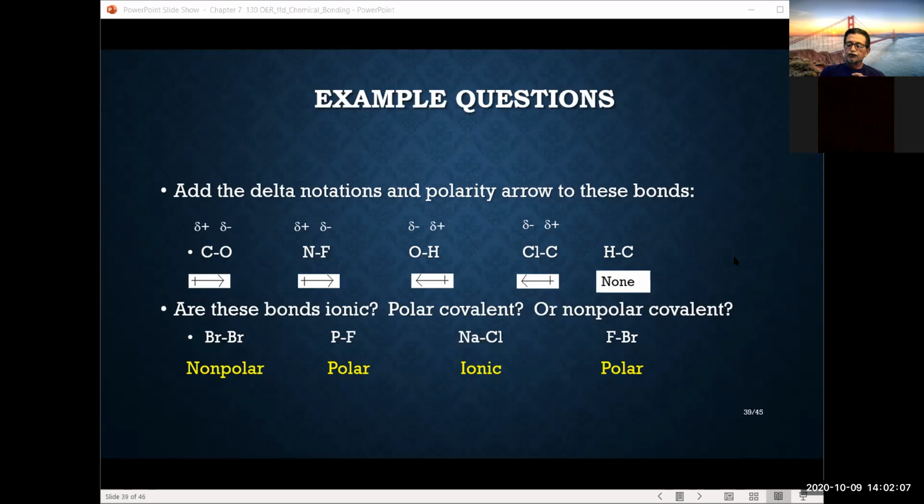Now to determine the subset of covalent compounds, whether polar or non-polar, we look at what's there. We've got two bromines bonded together. They're both the same, so electronegativity is equal. Therefore, it's non-polar. The PF obviously is polar, two different elements. And the FBr is also polar. Two different elements interacting together.